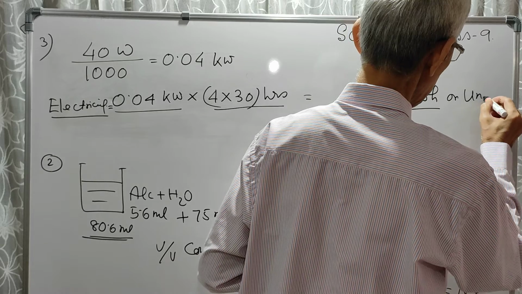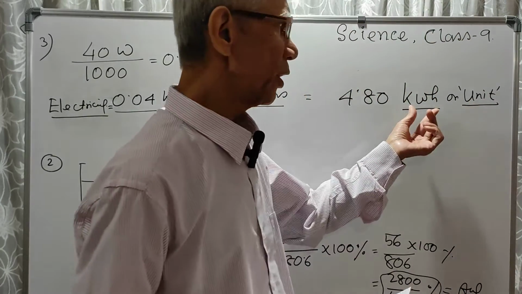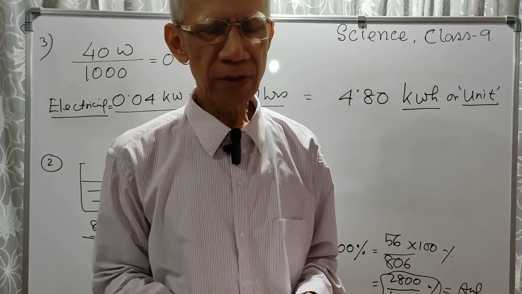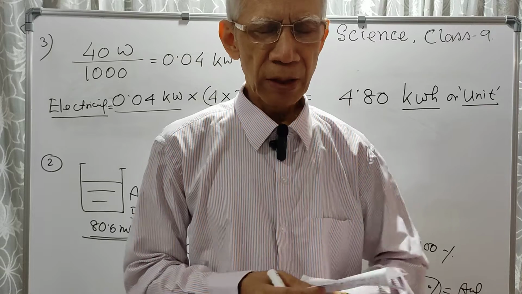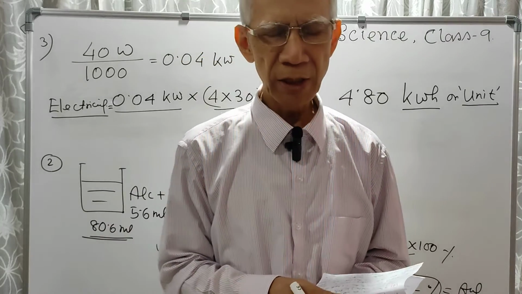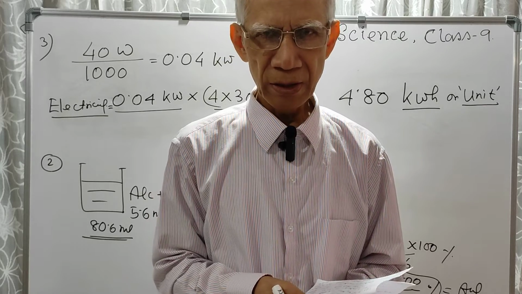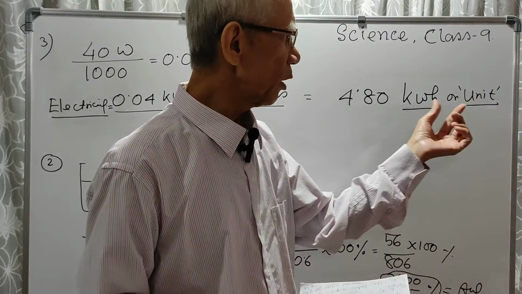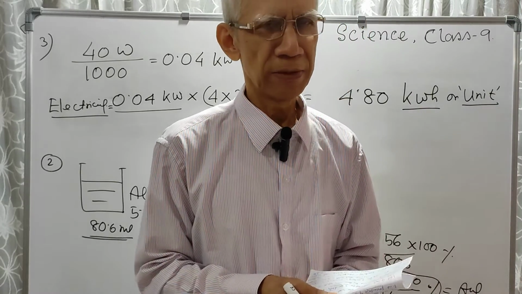This is called unit. This is the unit used by electricity boards. Every month you get your electricity bill. In the electricity bill it is mentioned how many units you have used in a month. So you see that the word unit means what? Kilowatt hour. So kilowatt hour is the commercial unit of electrical energy.